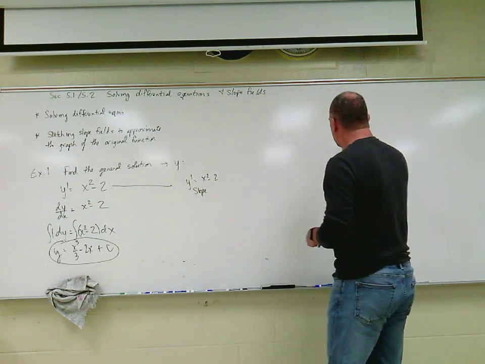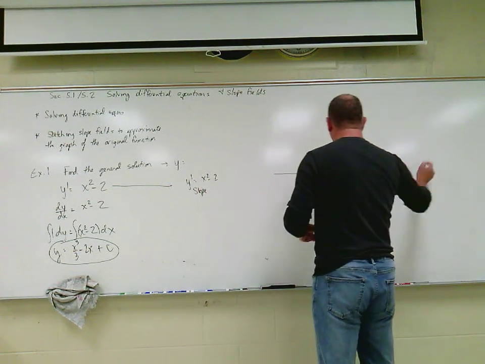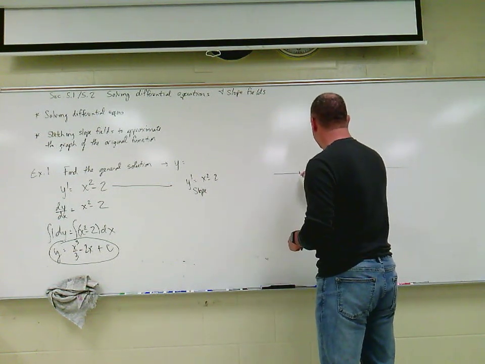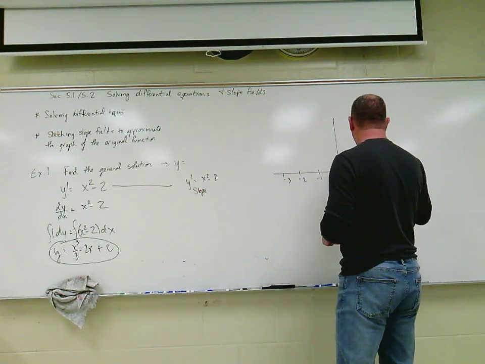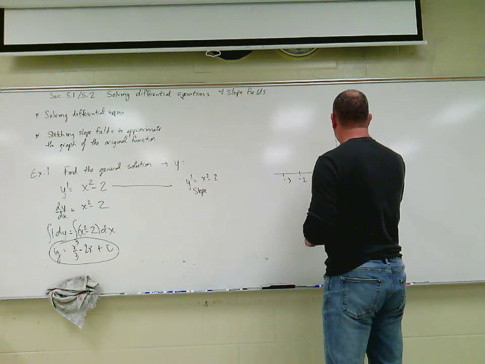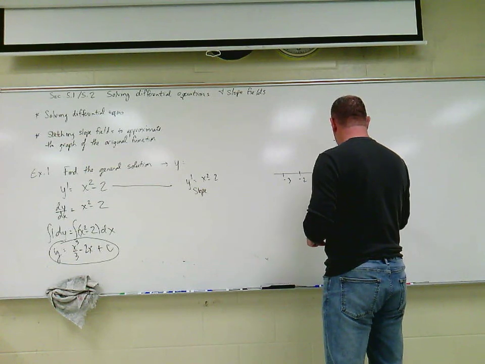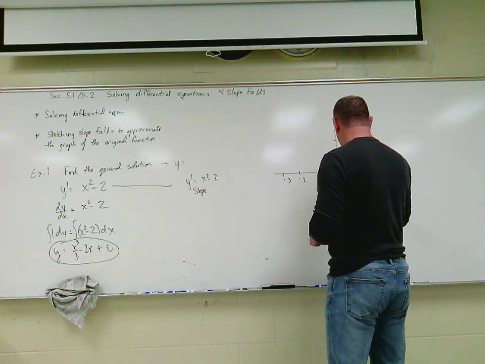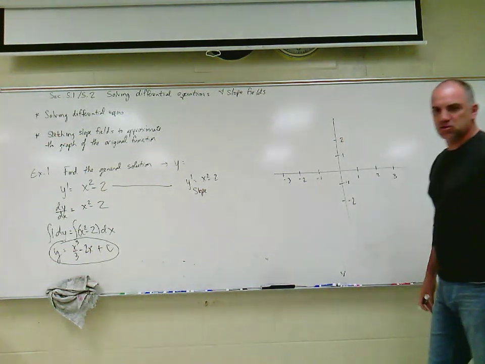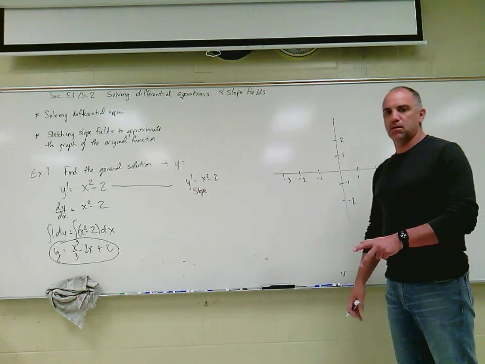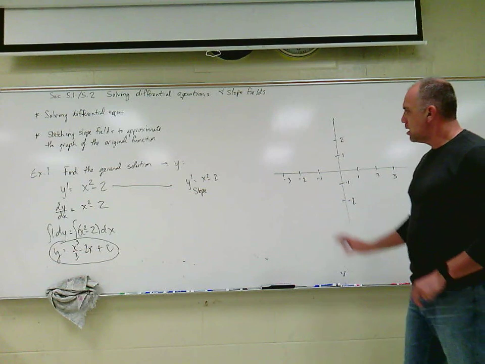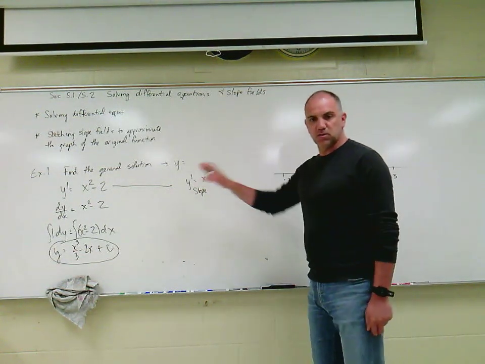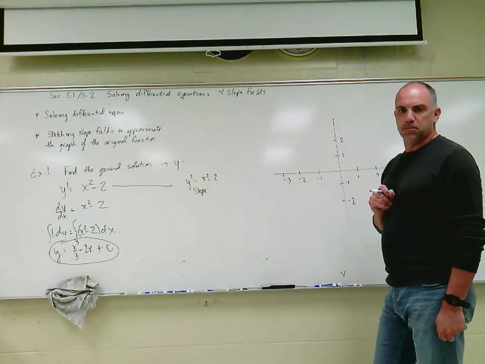So one thing I could do, I may go to -3 here, no more than this. Let's just say we put our coordinate plane there, and we know that this tells us the slope.